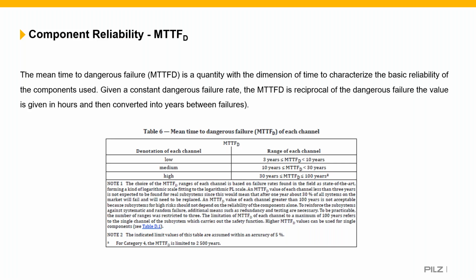There is an exception to this, and this is for category 4 architectures, where you're going to be claiming high diagnostic coverage and you've got all that good stuff. And this capping is increased to 2,500 years. The reason for that was that in previous versions of 13849, everything was capped to 100 years, and this was actually changed in 2015, so it's not new to 2023.